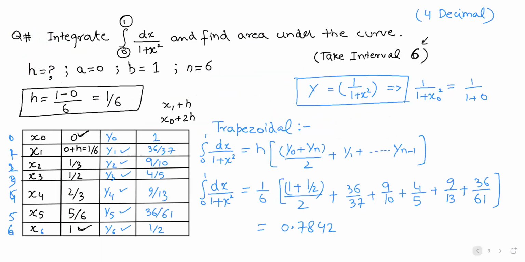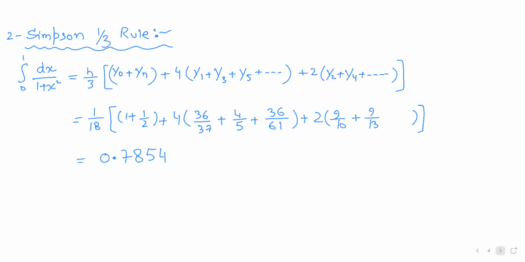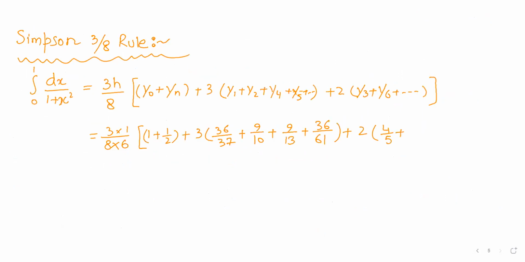It is 1 by 2. Sorry, y3 is already there, y6 is already there, so that's it. We will not take this one. That's it.